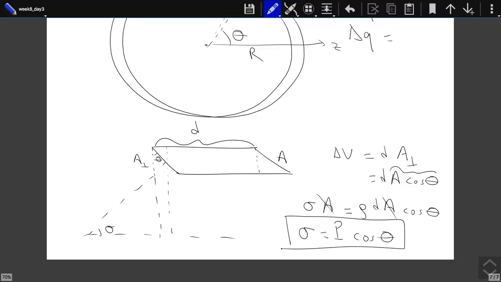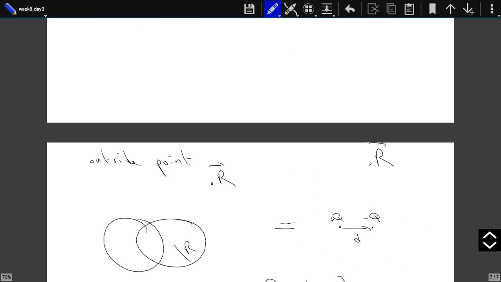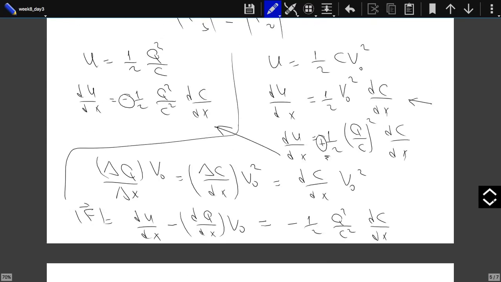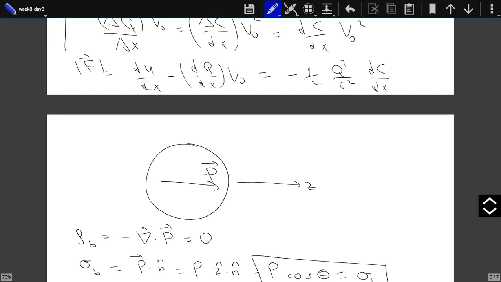So this problem of overlapping spheres, in the limit that their centers overlap, each one has a volume charge density that goes to infinity, is exactly the same problem as a sphere with uniform polarization. So the electric fields they create will be identical.